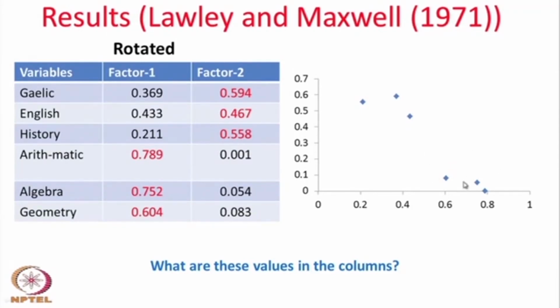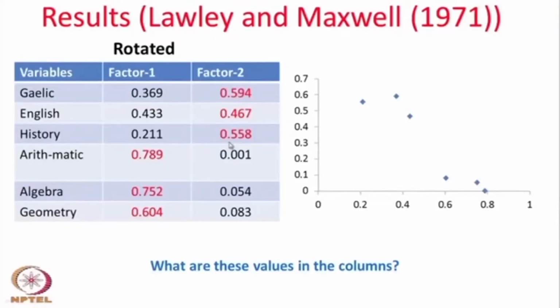So, we can say now that these two factors are basically talking about two things: one related to arithmetic, algebra, geometry, which are basically mathematical ability, and the other one Gaelic, English, history, these are all literature based. So, this may be your verbal ability.